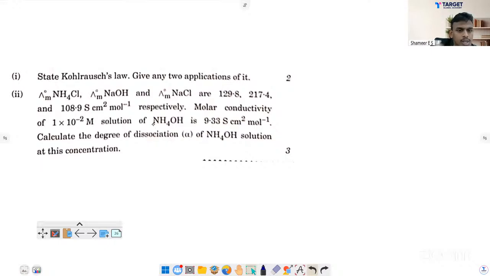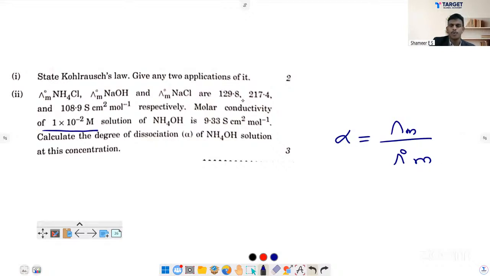We want to find out alpha. How to find out alpha? I will give you the hint. Alpha will be equal to lambda m divided by lambda 0 m. Molar conductivity is given. Find out lambda 0 m using these values. Most probably we need to add the first value and the second value and take the negative, because NH4Cl and NaOH will be there, right?